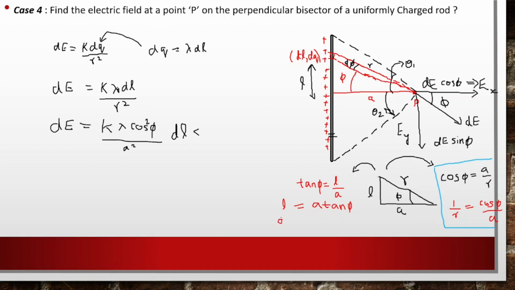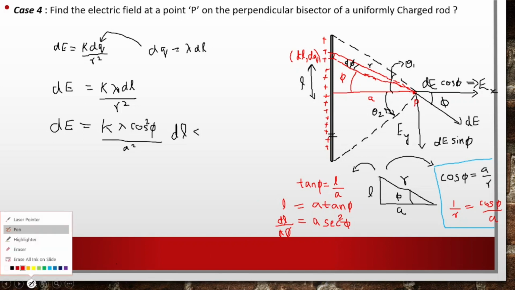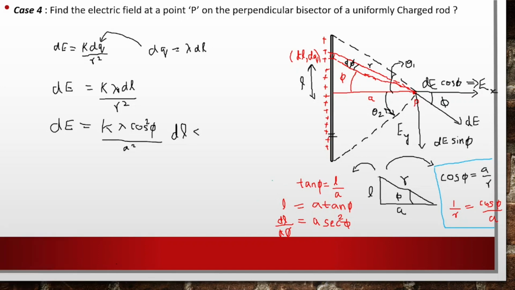We get dl by d phi is equal to a, since a is constant, we put it out, and the differential of tan phi is sec square phi. From this we get dl is equal to a sec square phi d phi. Let's put it in a box.